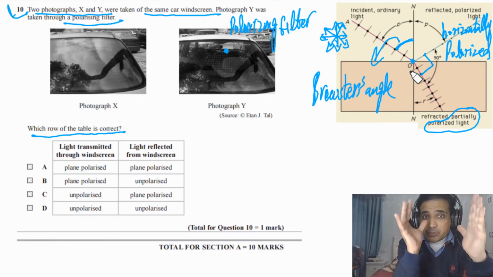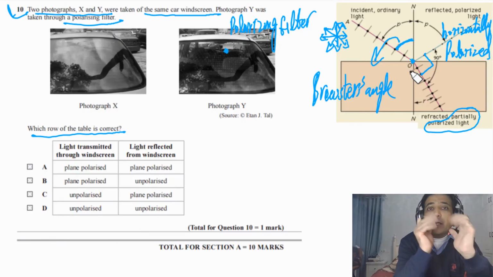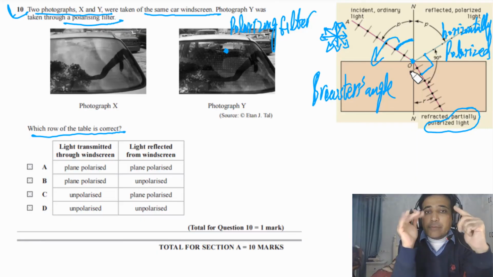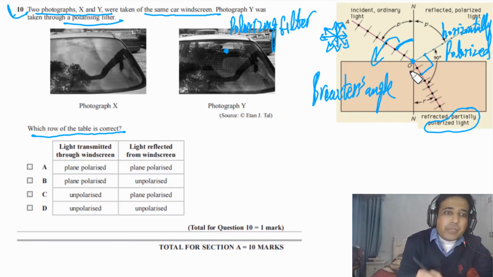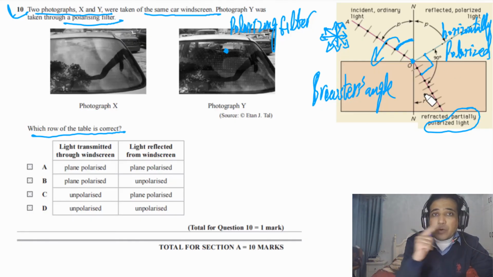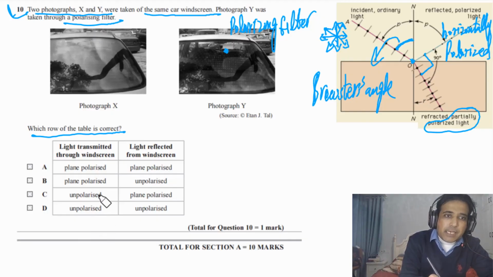But there is a difference between unpolarized light and partially polarized light. I will explain that point very soon. This is not plane polarized, because the light is not oscillating in one plane only. It is oscillating in more than one plane, so we can say this is still unpolarized. So the answer can be C or D.